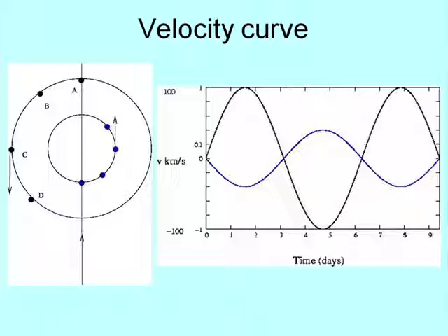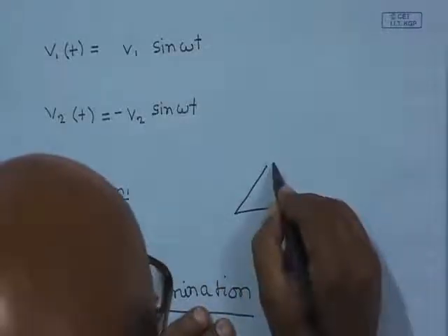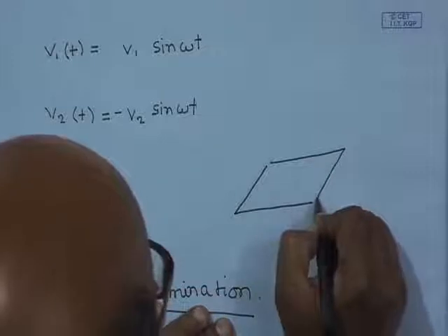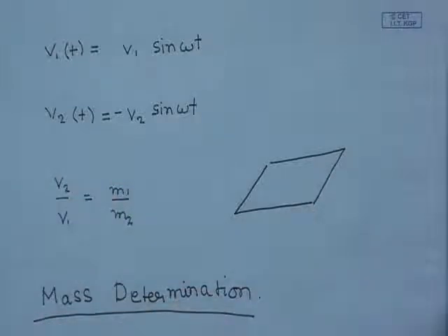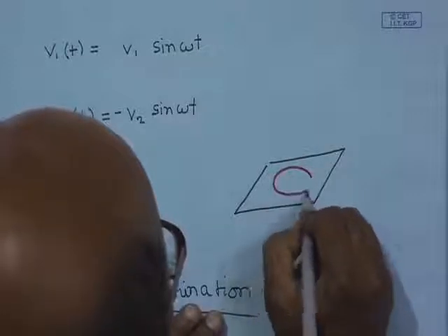Now, the first thing that we need to consider is the possibility that the observer is not located in the plane of the orbit, that the inclination angle need not be 90. So let me draw the picture. This is the plane of the orbit, and these are the circular orbits that we have been talking about.